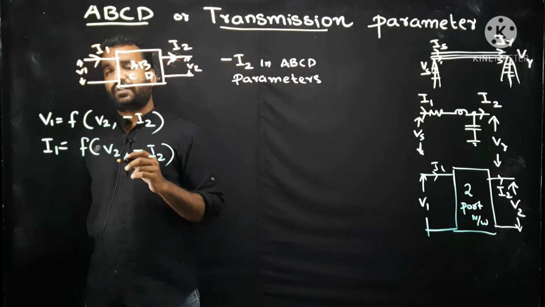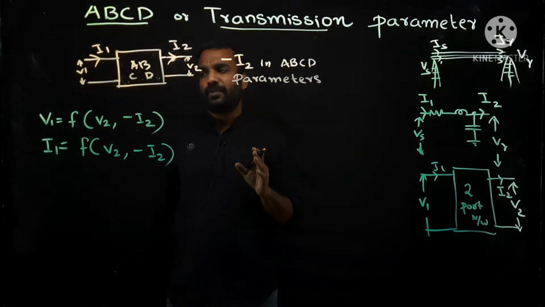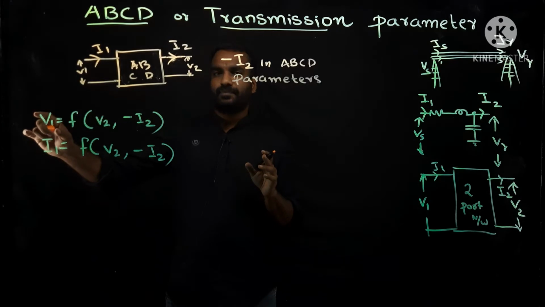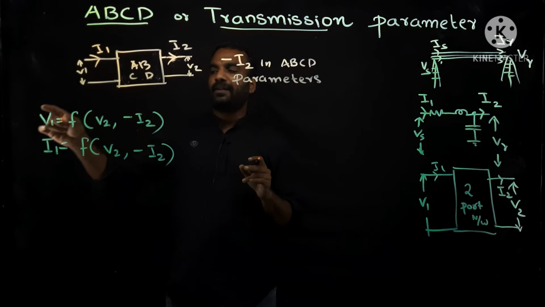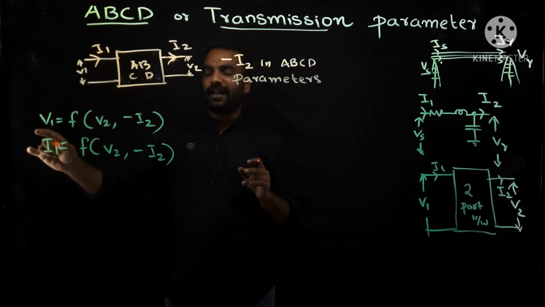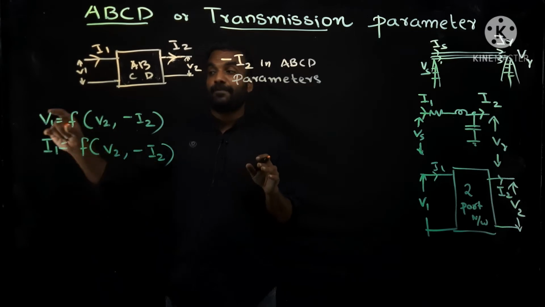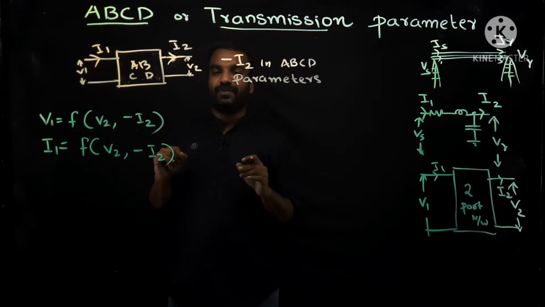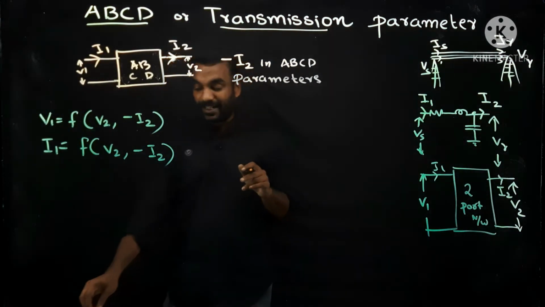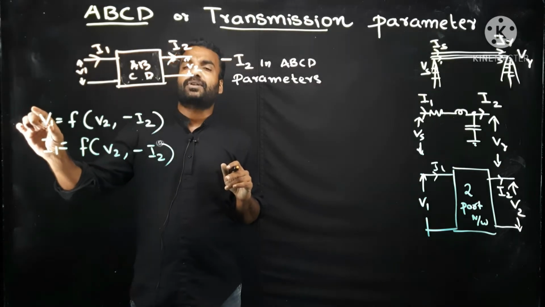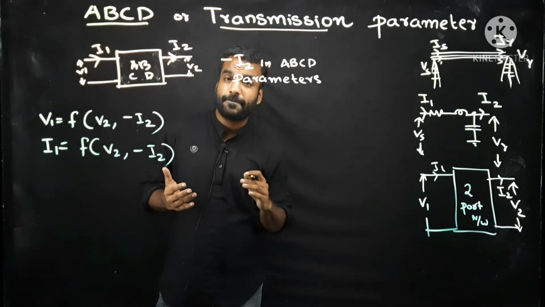Now the function arrangement is also a bit different. Till now, in Z parameters the independent variables are V1, V2. In Y parameters, they are I1, I2. In ABCD parameters, the independent variables are V1, I2.